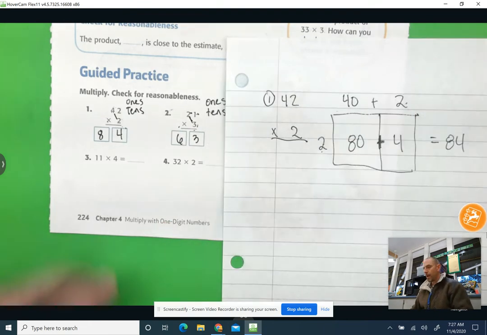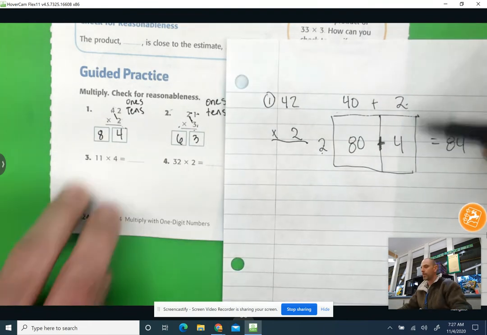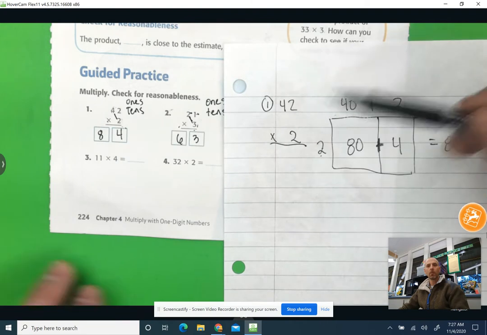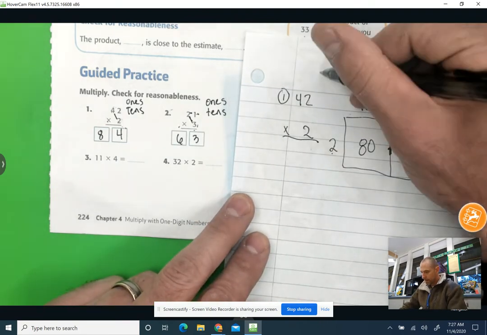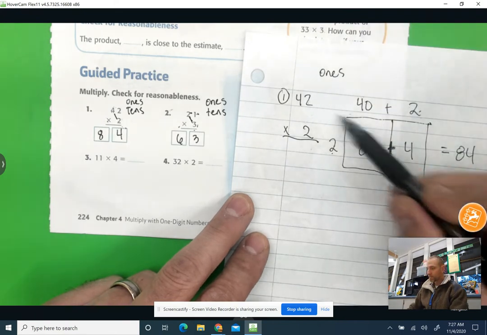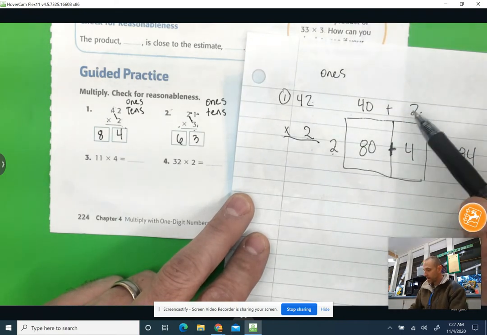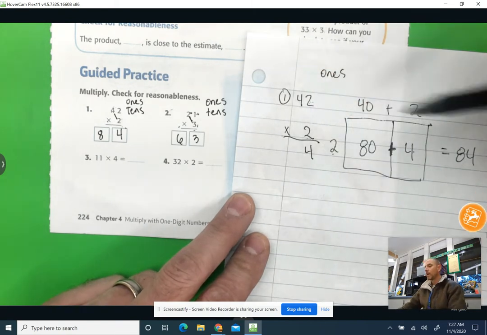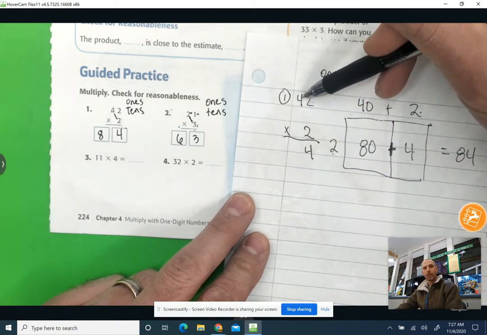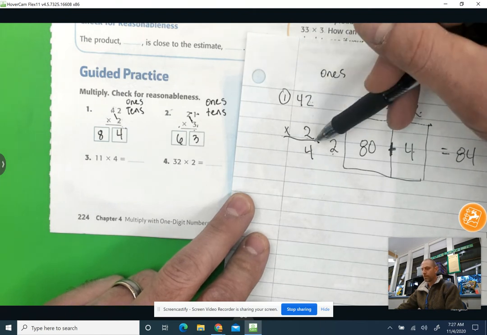And if you look at your area model and then you look at the problem, look, when we multiply our ones place first, start with your ones, 2 times 2. You do the same thing here. 2 times 2 is 4, right? But here, what you're doing is multiplying the tens place, 4 times 2, and you get 8.